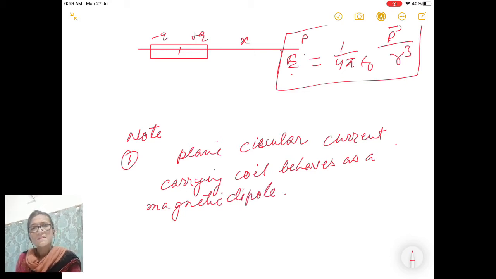And it is the elementary source of any magnetic field. It is the elementary source.